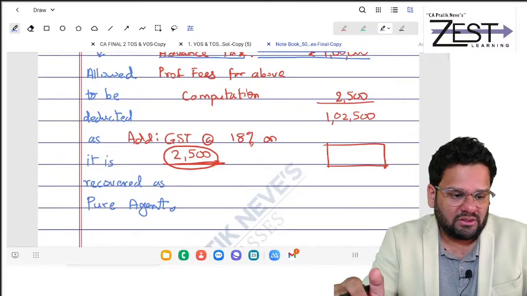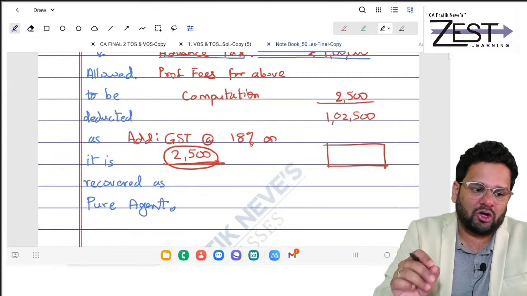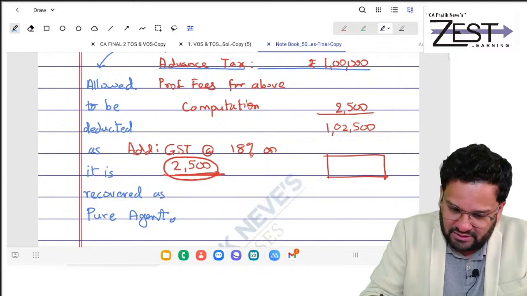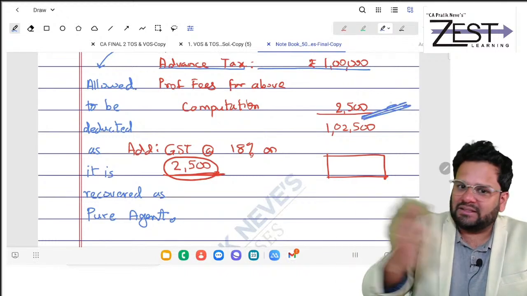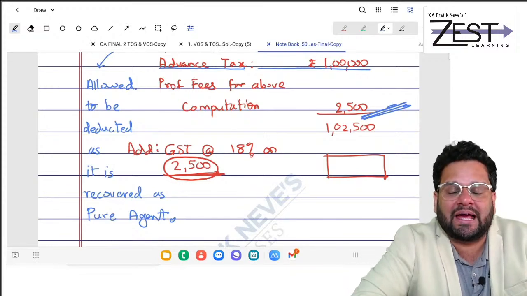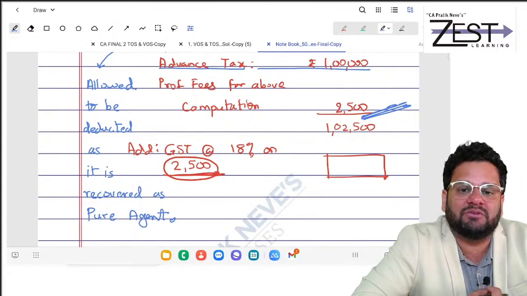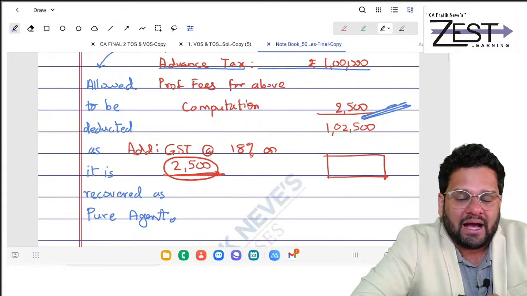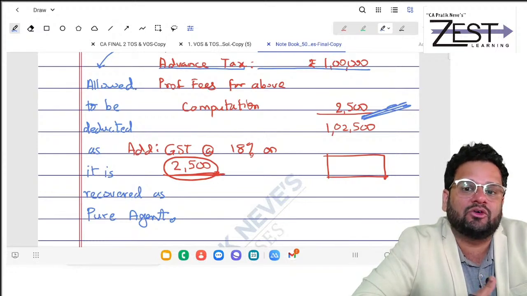So in short, how much actually belongs to supplier? The amount that belongs to supplier is only 2,500, because as a supplier, as a CA, I computed your liability 1 lakh. You should have paid that 1 lakh to government and you should have given me fees of 2,500. But just for convenience, I am paying 1 lakh on your behalf to the government, and that 1 lakh you are paying me back.